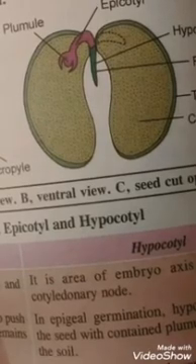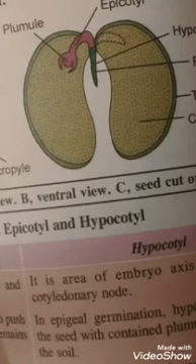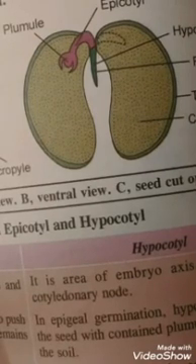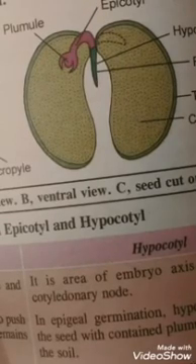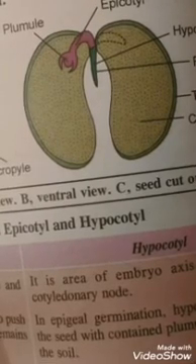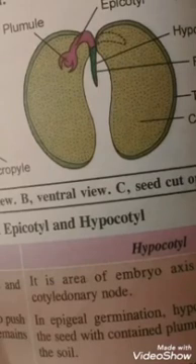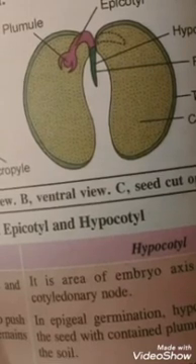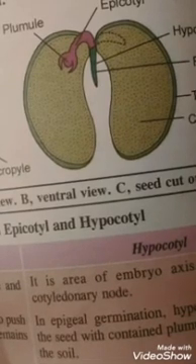In albuminous or endospermic seeds, the whole of endosperm is not consumed during development of embryo. Sufficient food is also kept stored in it for future development of embryo. And in the non-albuminous or non-endospermic seeds, the endosperm is consumed during growth of embryo and transfer of food to cotyledon.